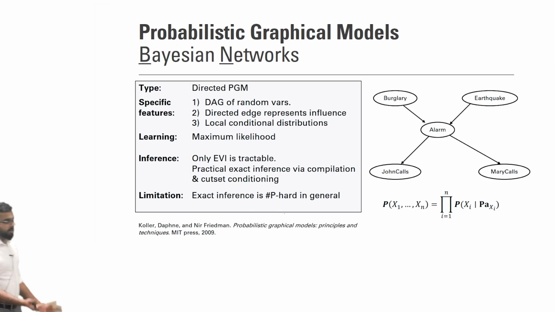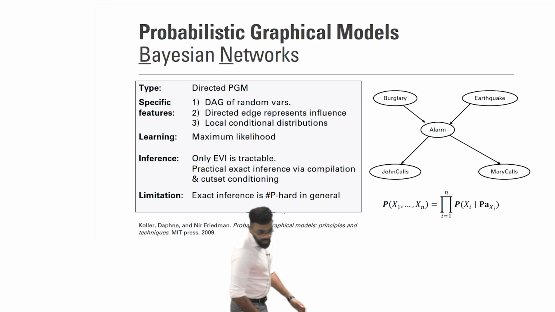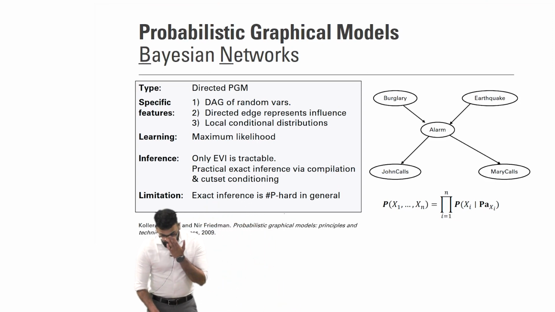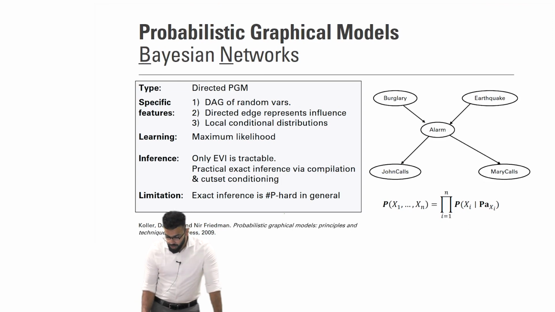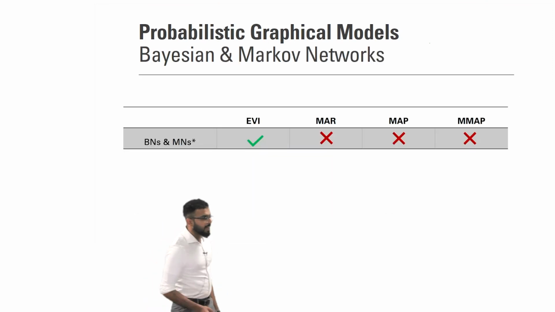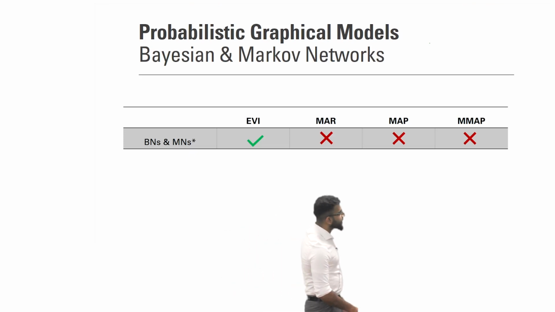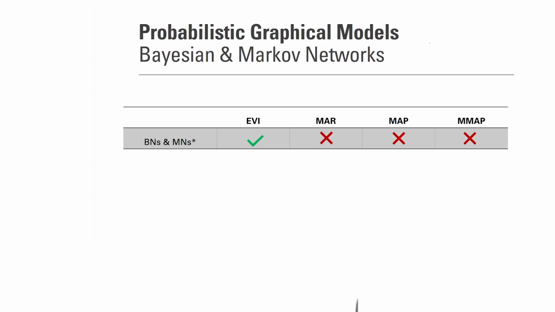It's basically using the chain rule of probability with some factorization notions. And what you saw is you can compute certain things tractably. You have a way of evaluating p of x, which means evidential inference is tractable. And when you have additional structure, like a tree structure, then things like computing marginals and conditionals also become tractable.